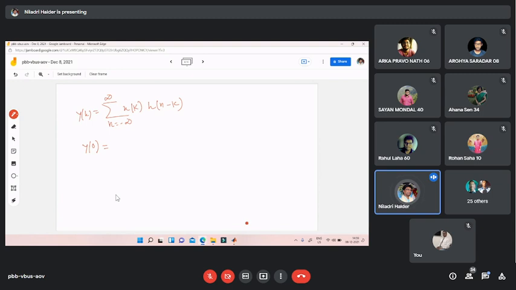Y 0 equal to what you will get? Summation n equal to minus infinity to infinity, k equal to 0 means x0 h n, y1, x1 h n minus 1.